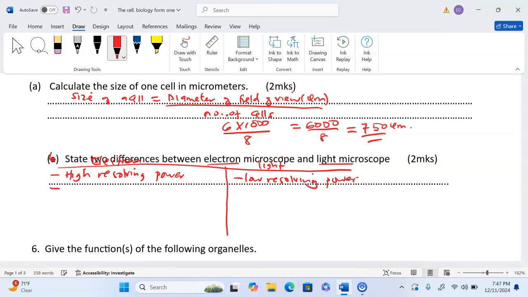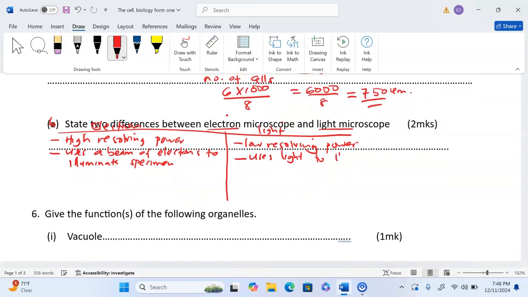An electron microscope uses a beam of electrons to illuminate the specimen. A light microscope uses light to illuminate the specimen.